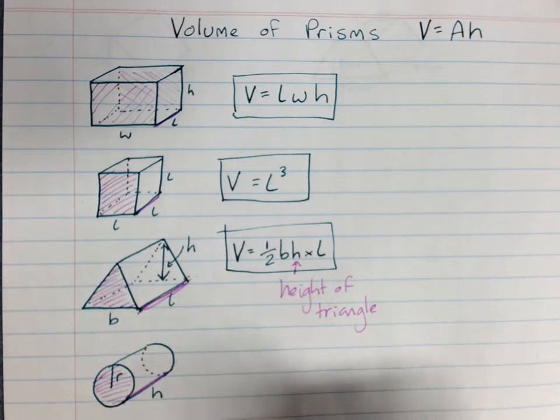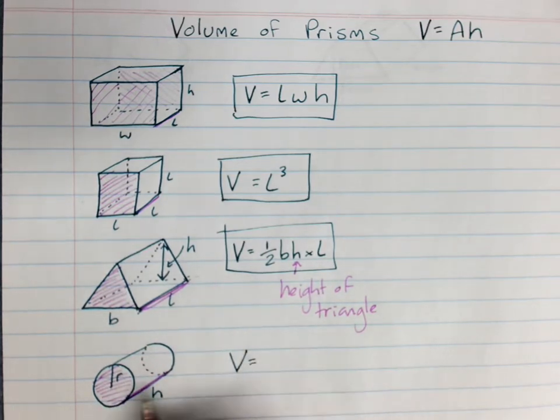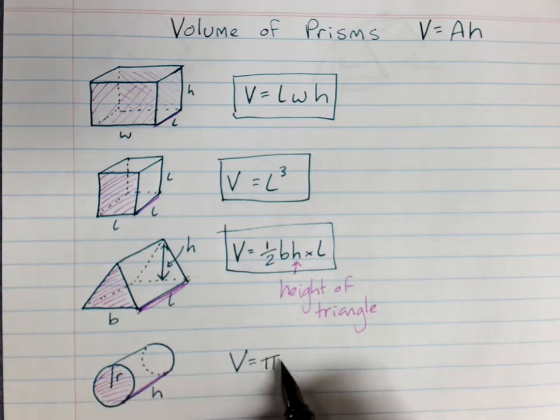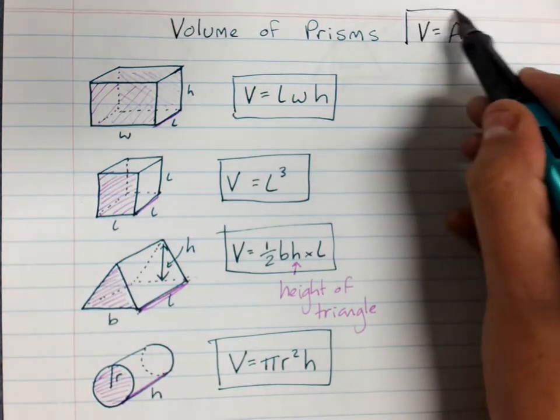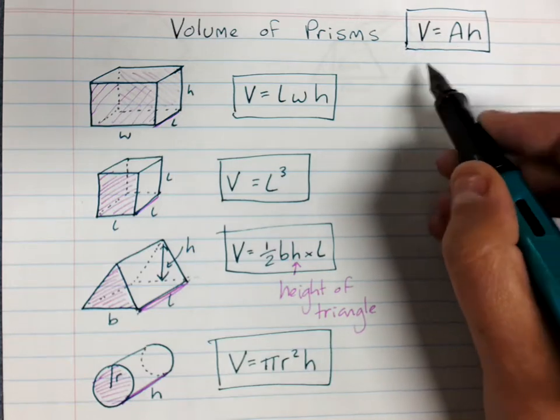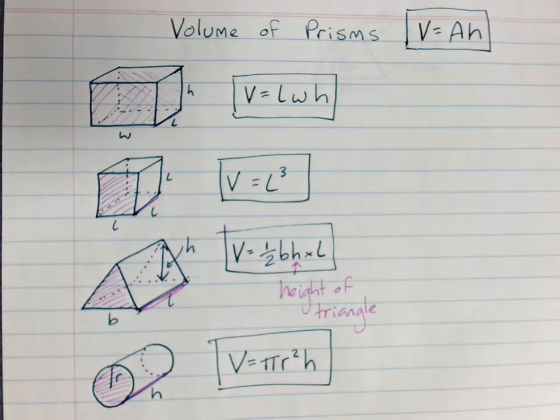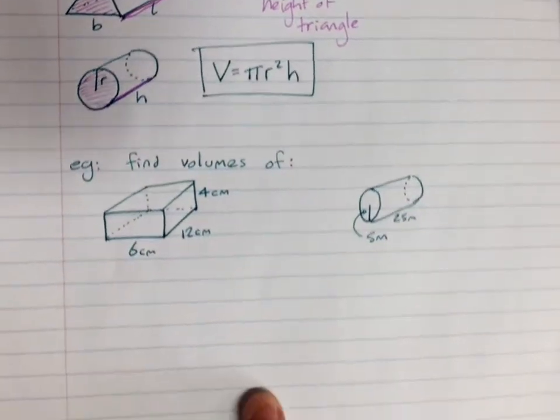For a cylinder, it's still volume equals area of the circle times the height of the prism, but the area of the circle is pi r squared, and then we times that by height. So that will work for a cylinder. For all the other prisms, such as if they had a different shape, volume equals area times the height of the prism is going to work. So a couple of examples.